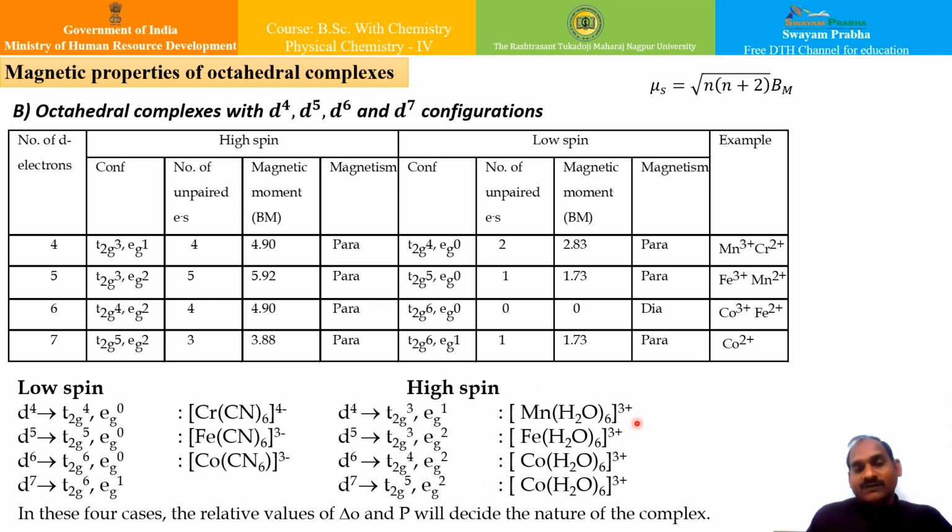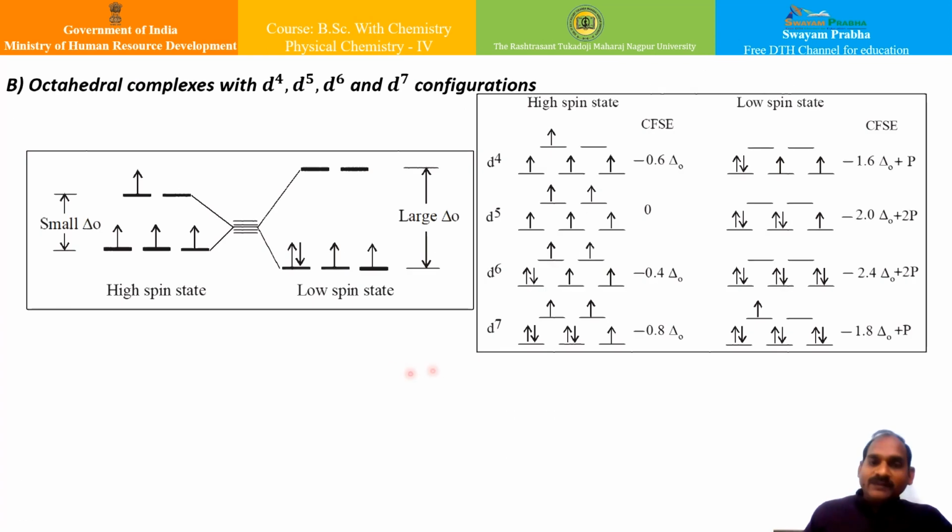Now in these four cases particularly, the relative values of crystal field splitting energy and pairing energy will decide what kind of complex it will form, whether it will be a high spin complex or a low spin complex. Similarly, in case of d4, d5, d6, d7, these are the kind of arrangements again shown over here.